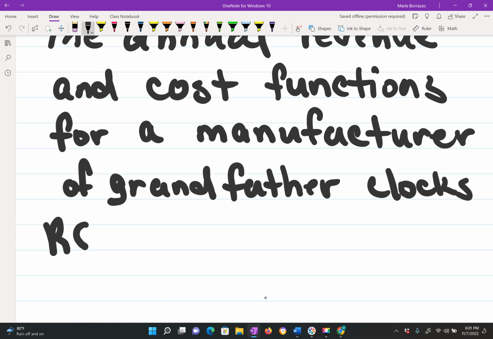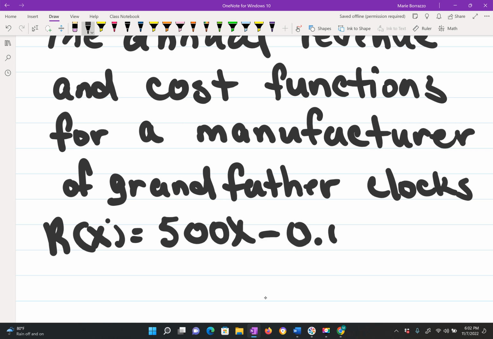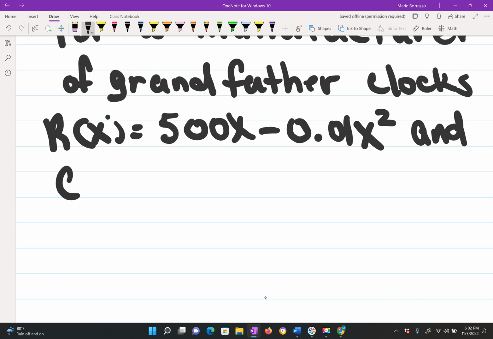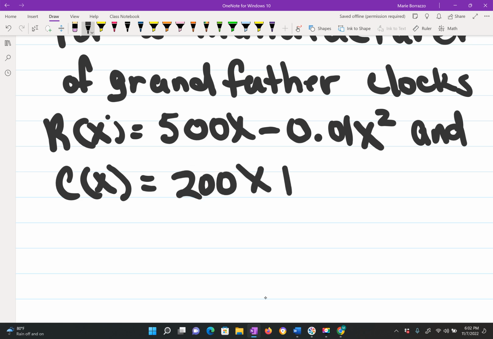They give you R of x is equal to 500x minus 0.01x squared and C of x is equal to 200x plus 100,000. They want to know what is the maximum profit.